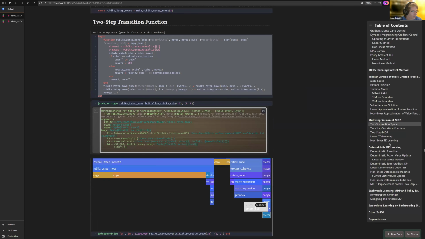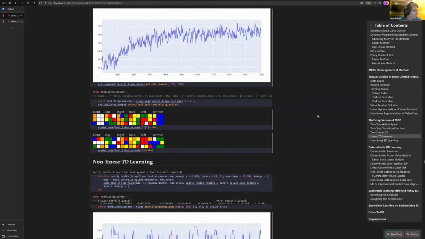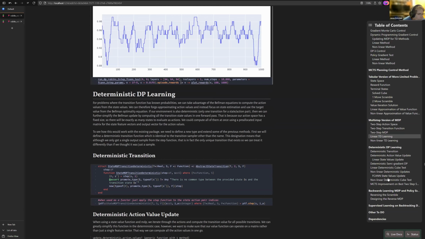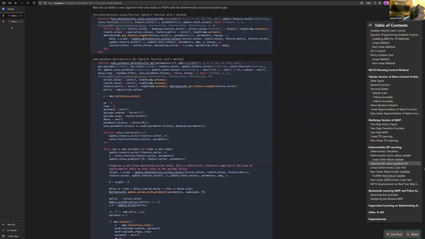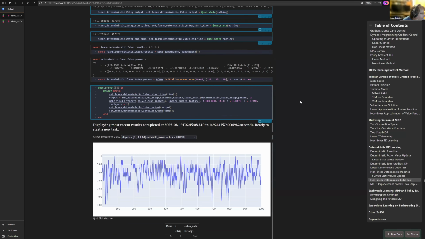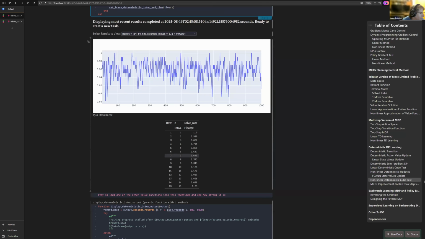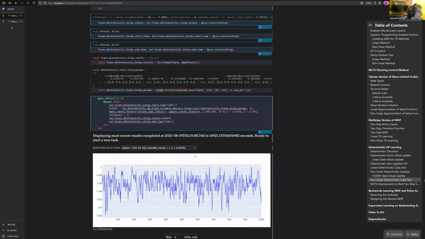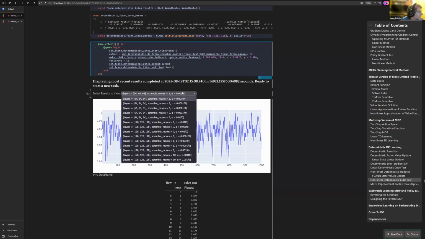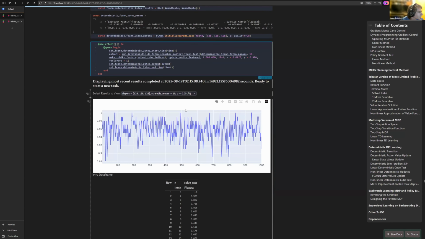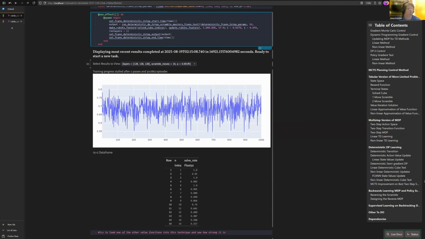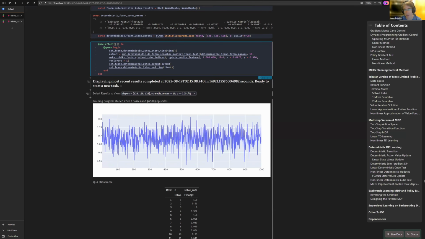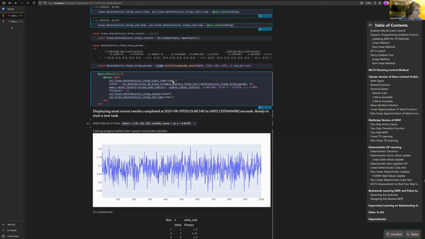I showed some of these results, but this is an example of some of the statistics for training this a little more. This is using the same state representation, but with a nonlinear approximation.